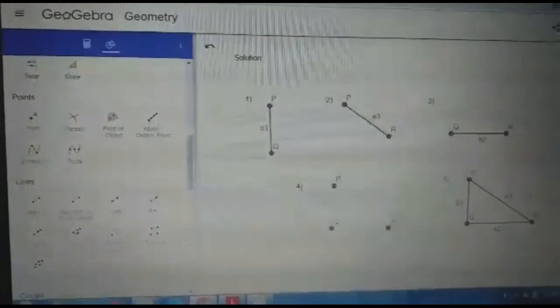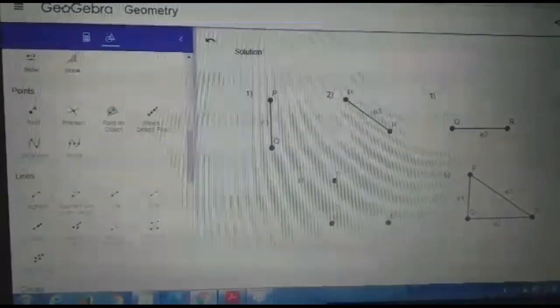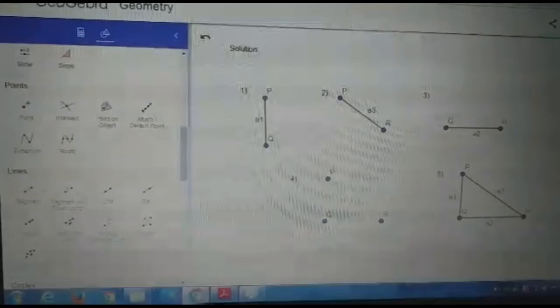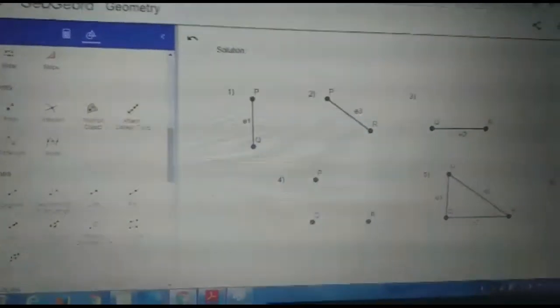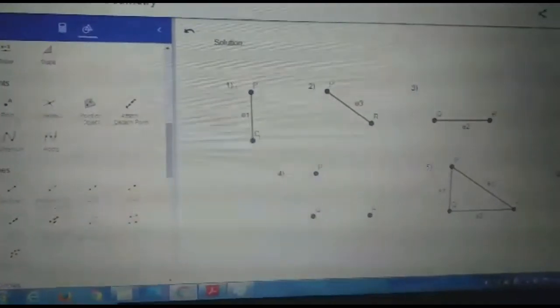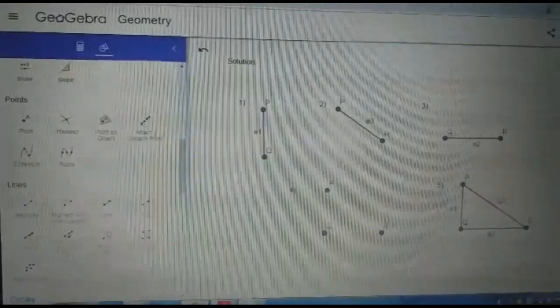Okay, what are the 5 subgraphs for graph A? The first one is the vertices P and Q with edge 1. The second one is the vertices P and R with edge 3. The third one is the vertices Q and R with edge 2.